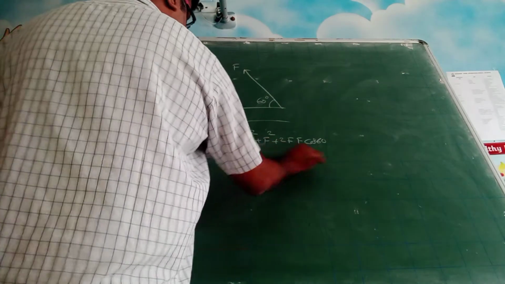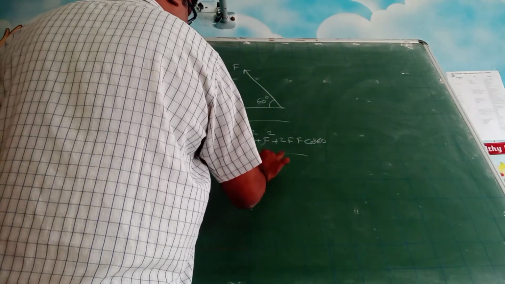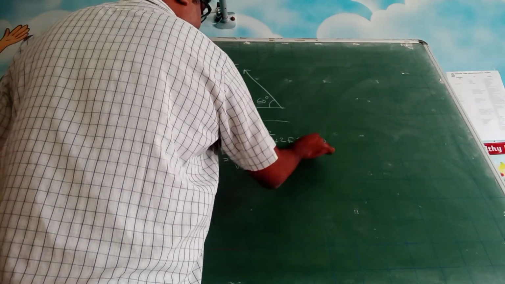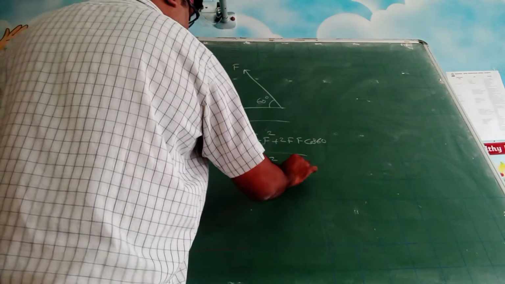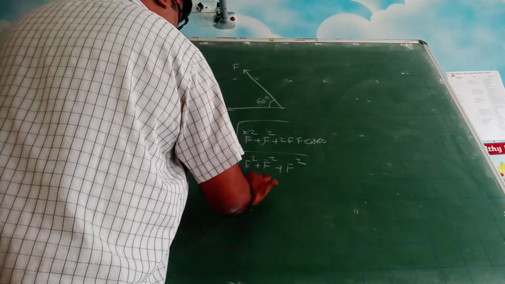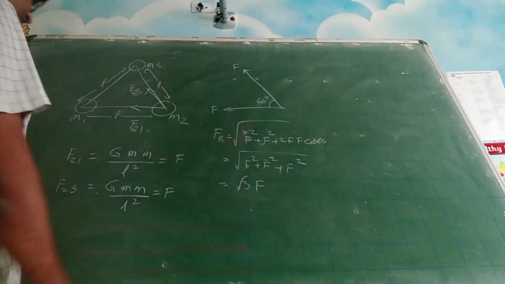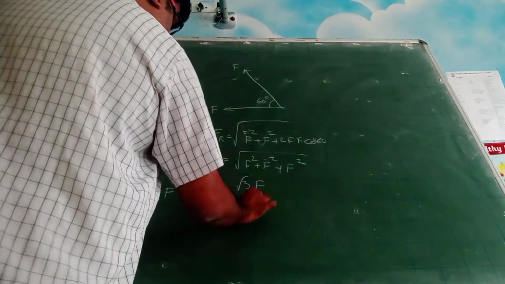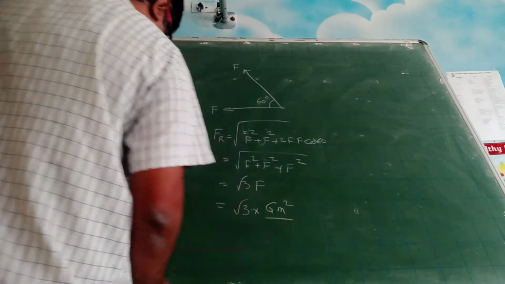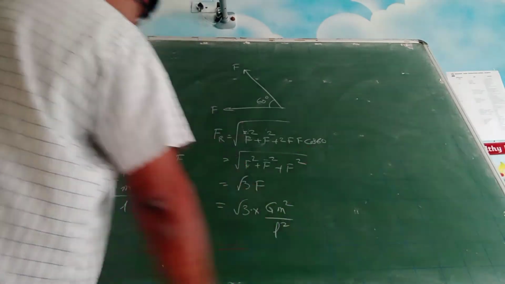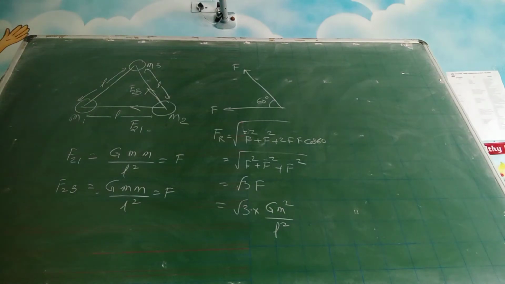So this becomes F square plus F square plus, cos 60 is 1 by 2, so this is also another F square, which is root 3 times F. But what is F? F value is G M square by L square. So the resultant is root 3 multiplied by G M square by L square. So this is how we find it out.